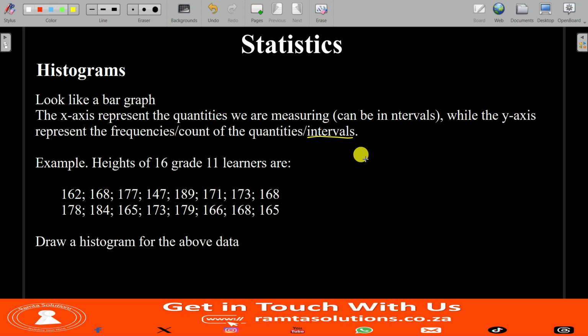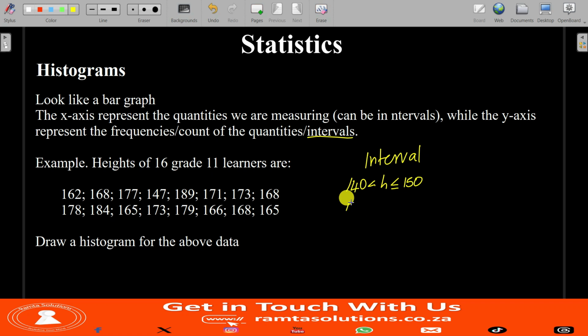How do we group it? I'm going to say this is the interval. The lowest number I have here is 147 and the highest is 189. So maybe let me group it like this. I will say height is greater than 140 but less or equal to 150.